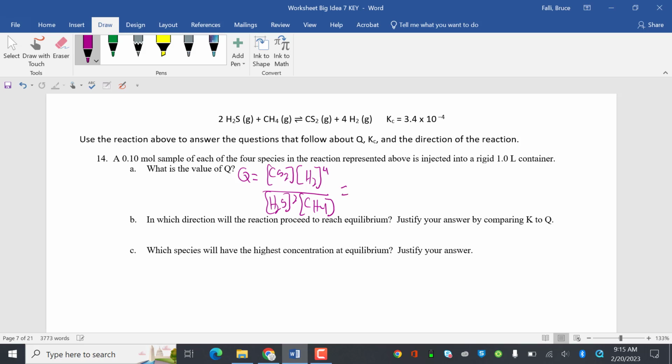I'm going to rewrite that so it's more legible. 0.1 times 0.1 to the 4th over 0.1 squared is 0.1. Boom, boom, and I get 0.1 squared as my final answer, which is 0.01.